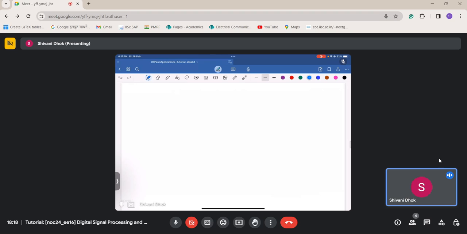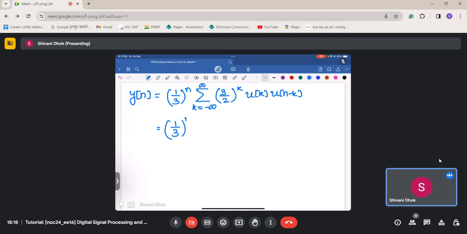So the summation that we are having here, what are we having? We have y of n is equal to 1 by 3 to the power n summation k running from minus infinity to infinity 3 by 2 to the power k into u of k into u of n minus k. This thing I can write as 1 by 3 to the power n summation k running from 0 to, sorry, not infinity, to n, 3 by 2 to the power k.